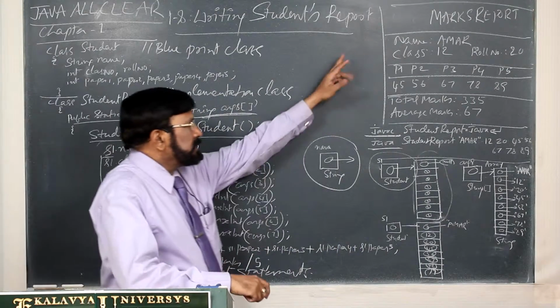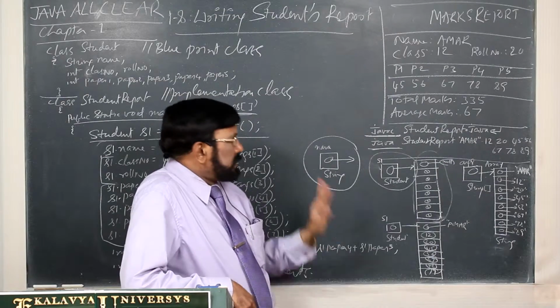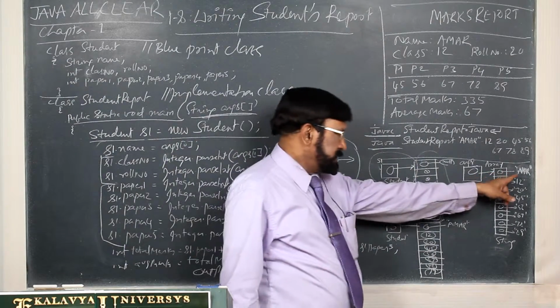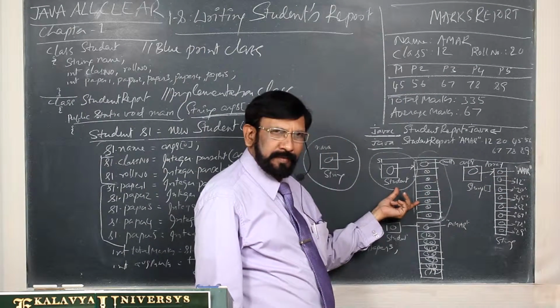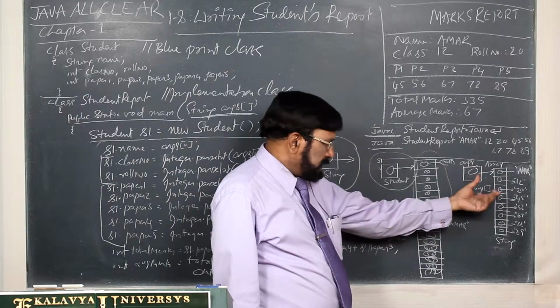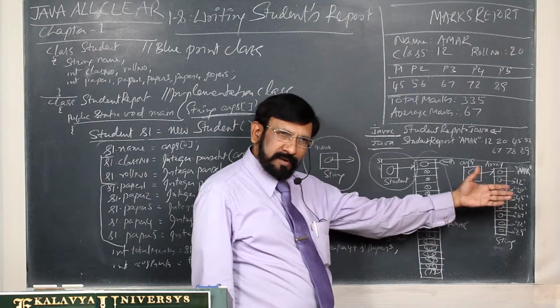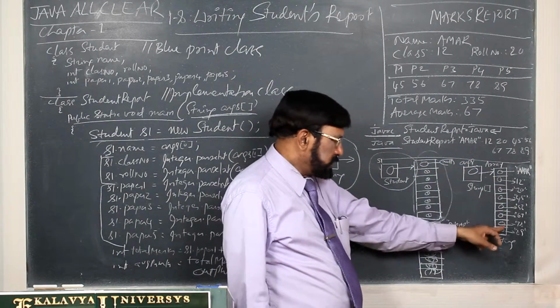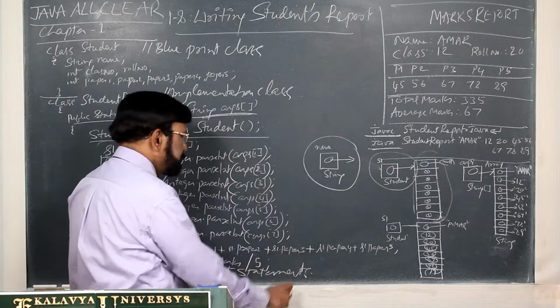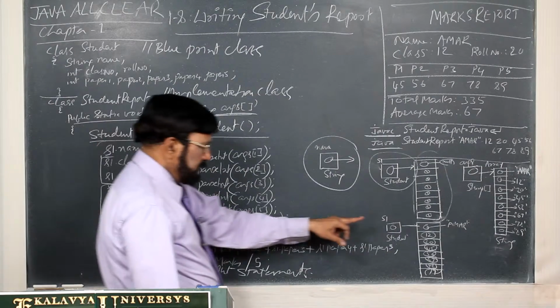Now this is the format. After that, you also have to see the position. This is the original thing with the default values. These are the command line arguments. How command line arguments are stored in the memory, I showed. Thereafter, what is happening, I am showing it to you.